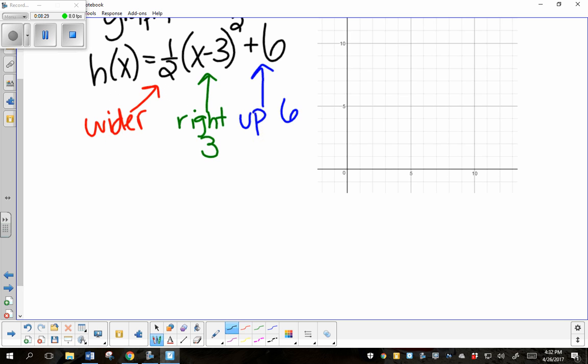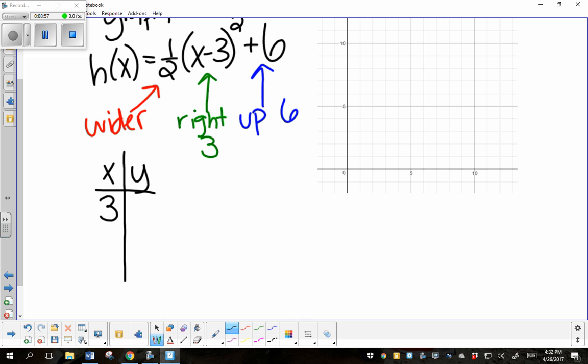So let's make an XY chart. It's not going to be too bad. My rule is that you have to have at least 5 points. So you need the vertex and at least 2 points on either side of the vertex. So if you think about it, we know what the vertex is right now. It's usually at 0, 0. Now it's going to the right 3. So that's going to change the x value of our vertex to 3.